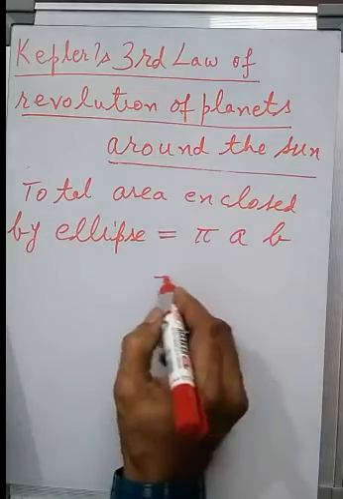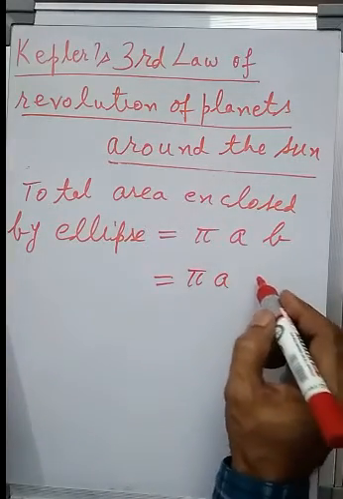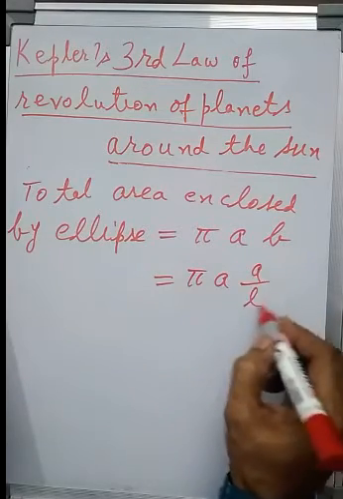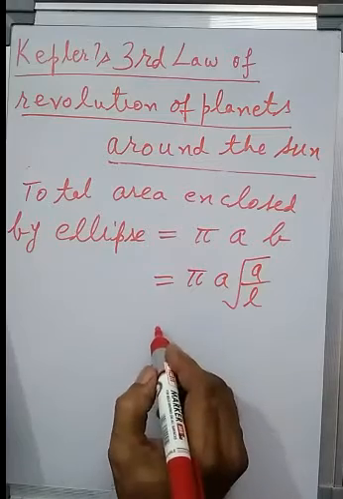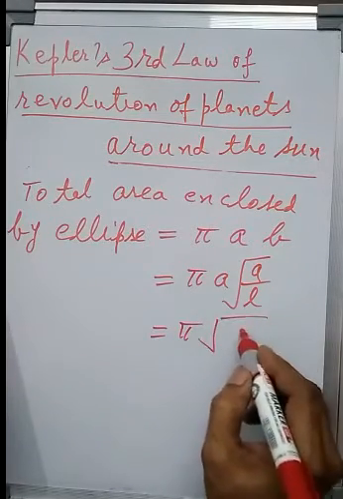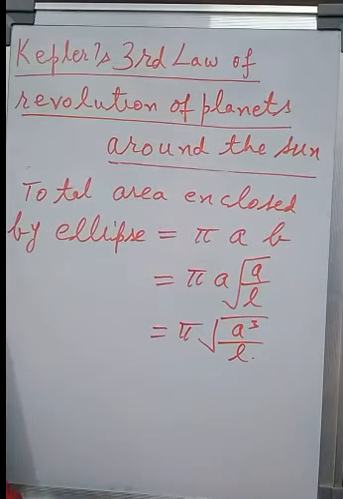So using this, I can write pi a b, with b as I have just found, a upon the square root of l. This will give us pi times the square root of a cubed upon l. This is the total area enclosed by the ellipse.